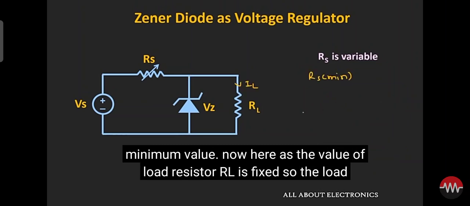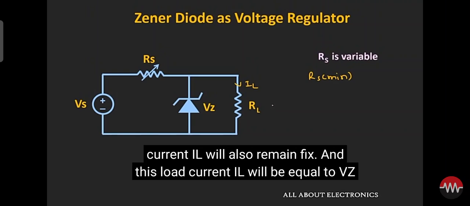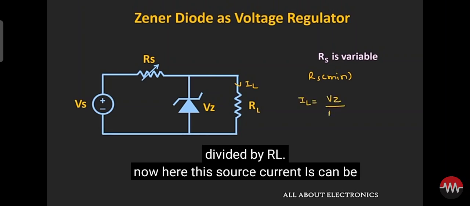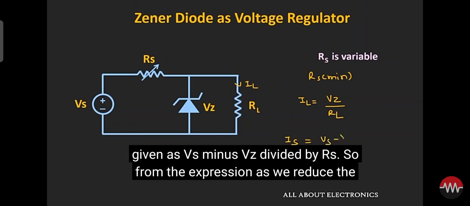Now here, as the value of load resistor RL is fixed, so the load current IL will also remain fixed. And this load current IL will be equal to Vz divided by RL. Now here, this source current Is can be given as (Vs minus Vz) divided by Rs.